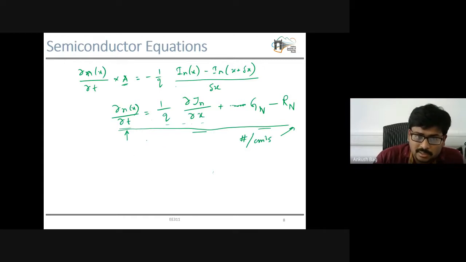Another significance of this continuity equation is this. I don't know whether we'll be able to cover that kind of application, but let's say you know that your MOSFET, diode, as well as BJT, we use as a switch or as an amplifier. These are the two broad applications of our FET.